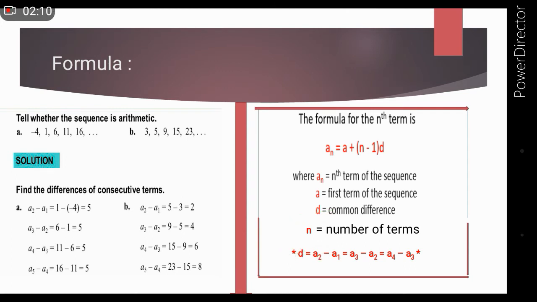And n is the number of terms. So this is the main formula that will be used in an arithmetic sequence after identifying whether the sequence is arithmetic or not.